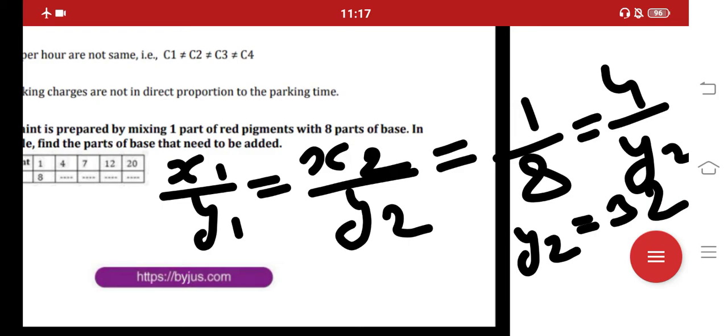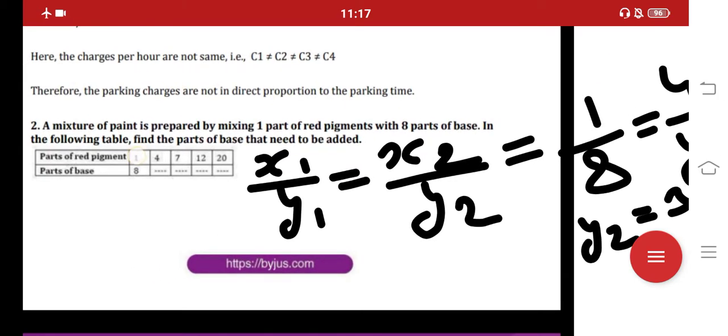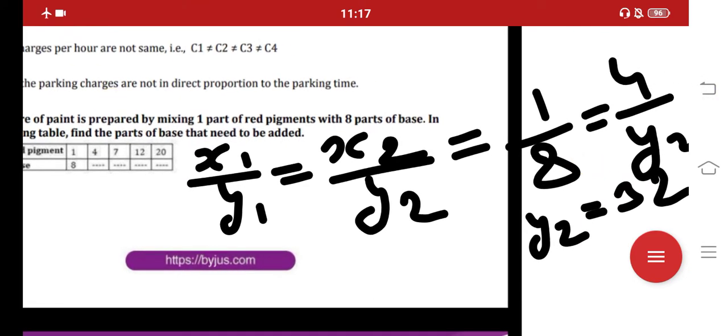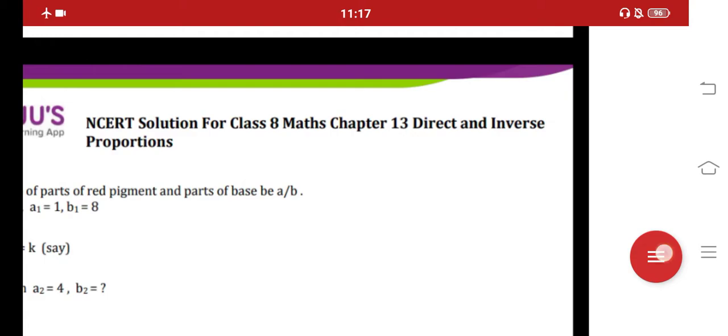So if for one part of red pigment 8 parts of base are required, then for 4 parts of red pigment how much base is required? 32 parts of base are required. Likewise, you can solve all the further options. Like if you want to find y3, then which two quantities will you take? You will take x2 upon y2 equal to x3 upon y3. Likewise, you can solve all the further options.